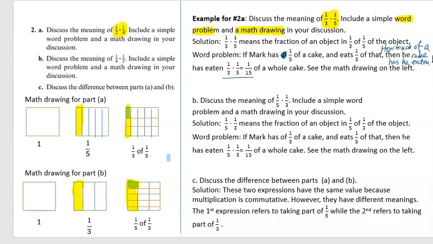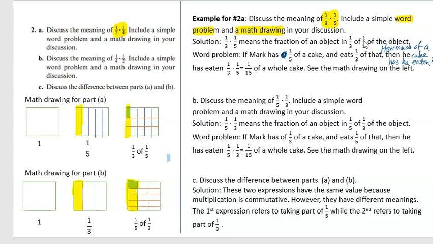Notice that the answer 1/15 is a portion of the whole cake. And notice 1/3 is not a portion of the whole cake, it's a portion of the 1/5 of cake, and 1/5 is a portion of the whole cake. So that's why the answer is going to be 1/15, not 1/3 anymore.